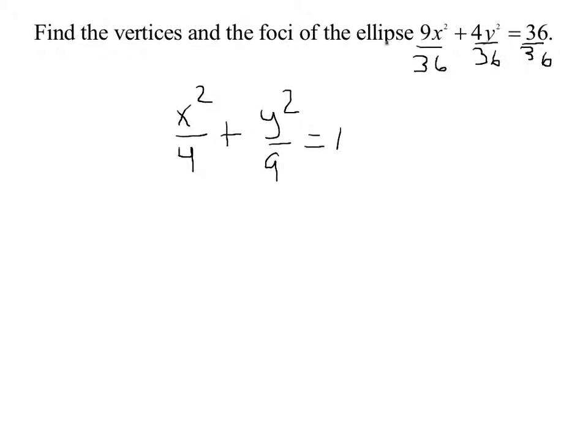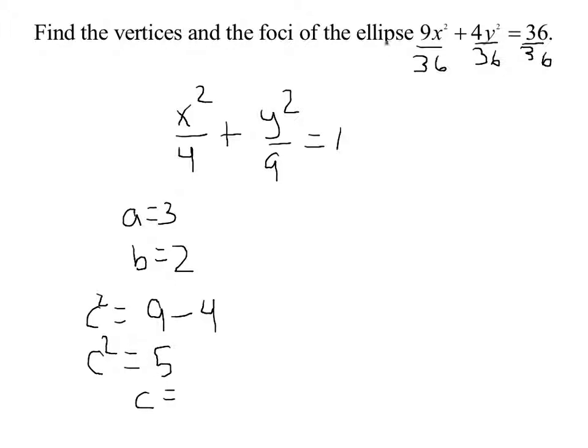So now we know a is 3 and b is 2, because b squared is 4 and a squared is 9. So to get c, c squared equals a squared minus b squared, so c squared equals 5, so c is the square root of 5.